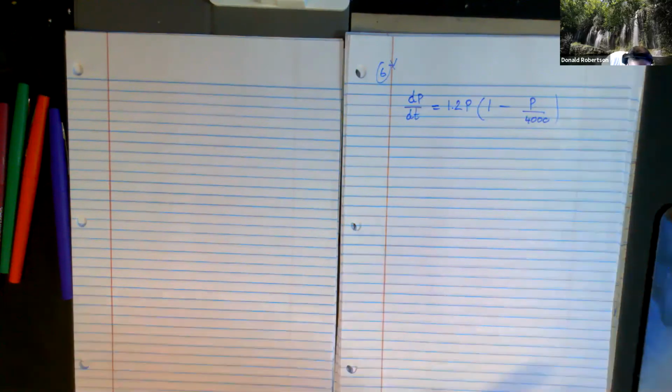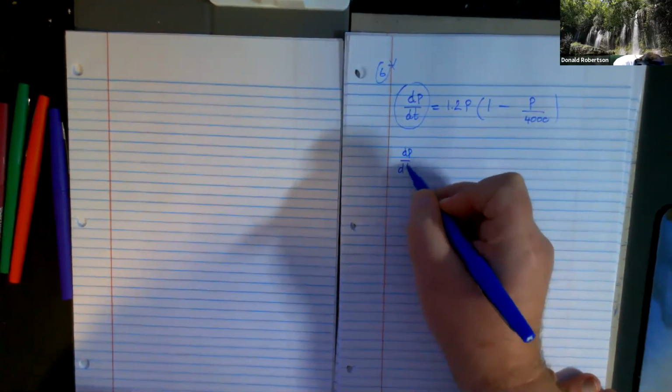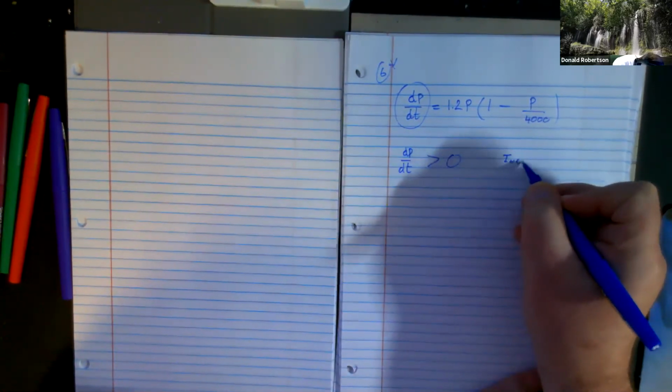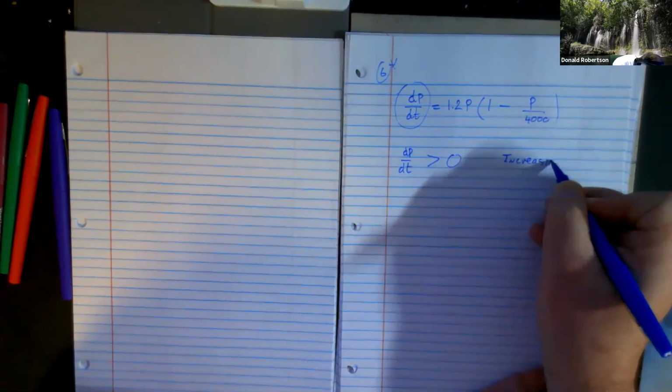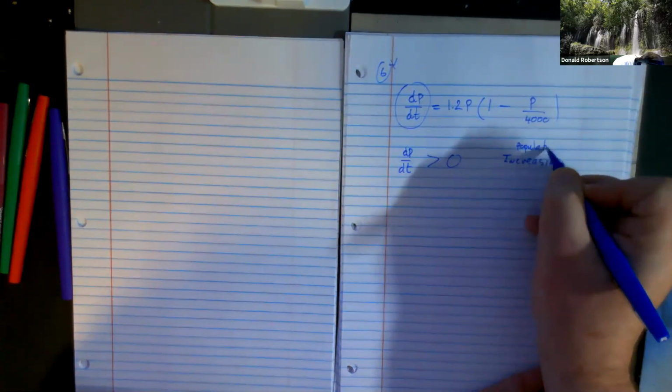So back to the question. The rate of change, that's a derivative. It tells you some information. If it's a positive number, doesn't that mean that the population is increasing? Because this is just telling you how many more or less people.